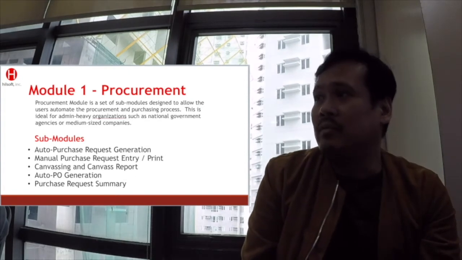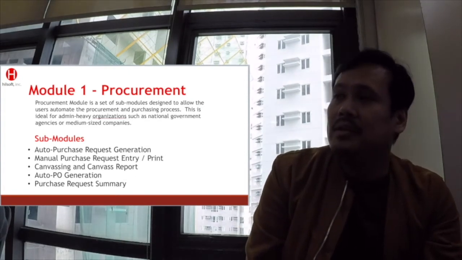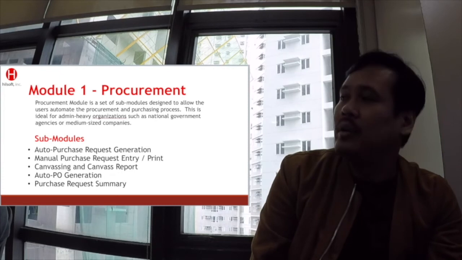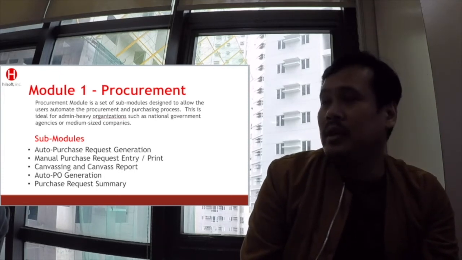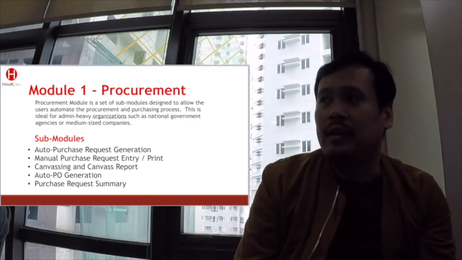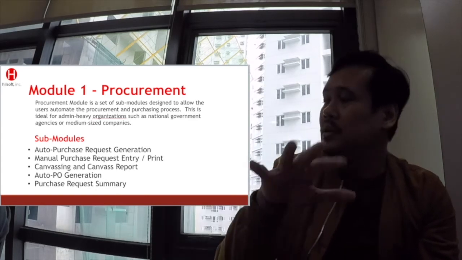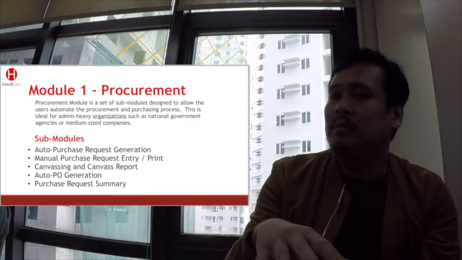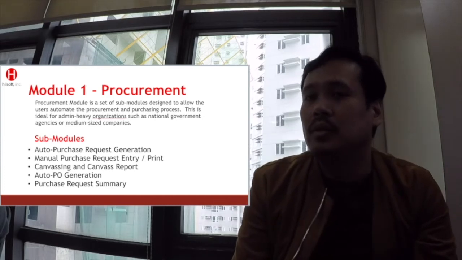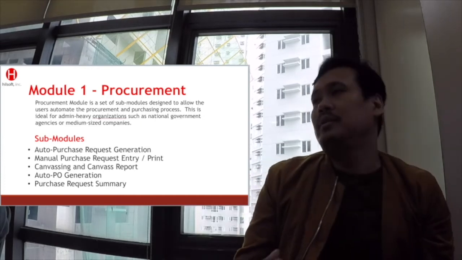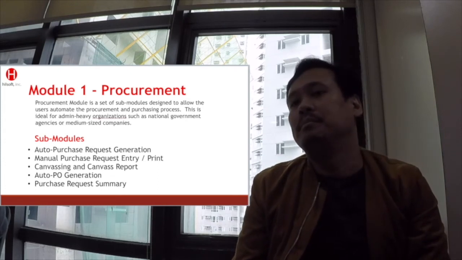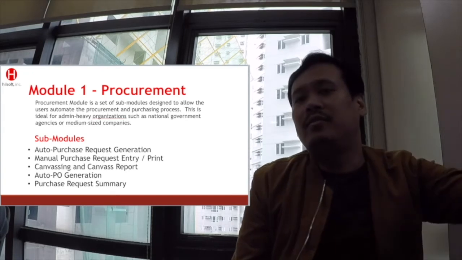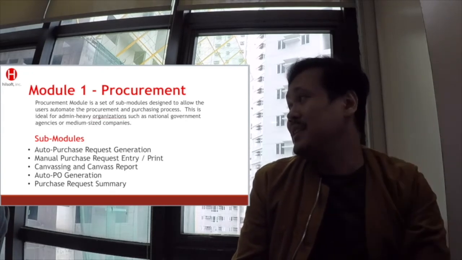They have a lot of branches. Okay? So each branch has their own request. So yung inventory clerk nila, nag-i-issue ng purchase request sa procurement department to replenish the stocks so that the warehouse can deliver the request of each branch.